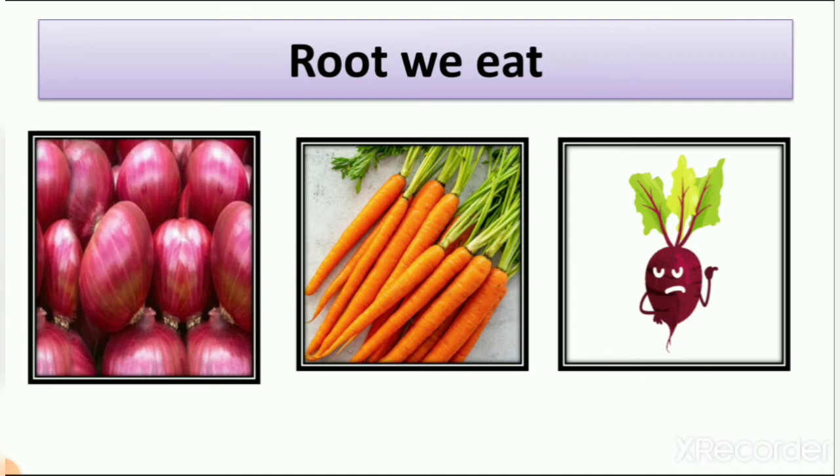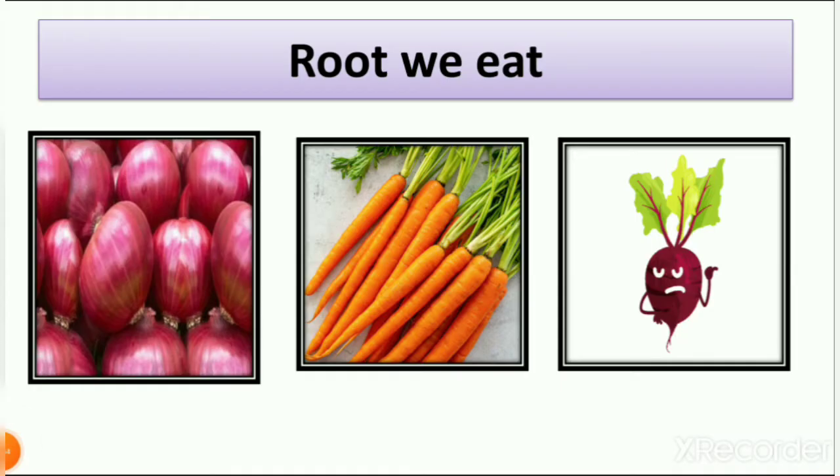All are root vegetables which we eat. When we learn about root vegetables, we learn how we grow carrot. Carrot starts growing from the roots. Most roots grow underground, and when the stem starts growing, we take out the plant.